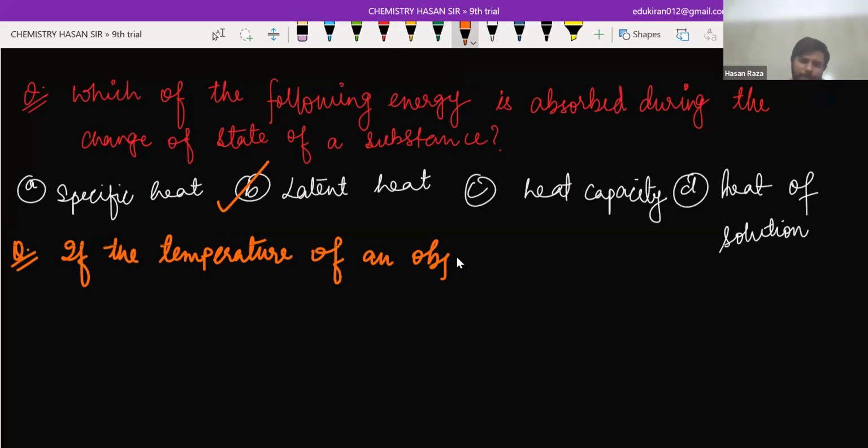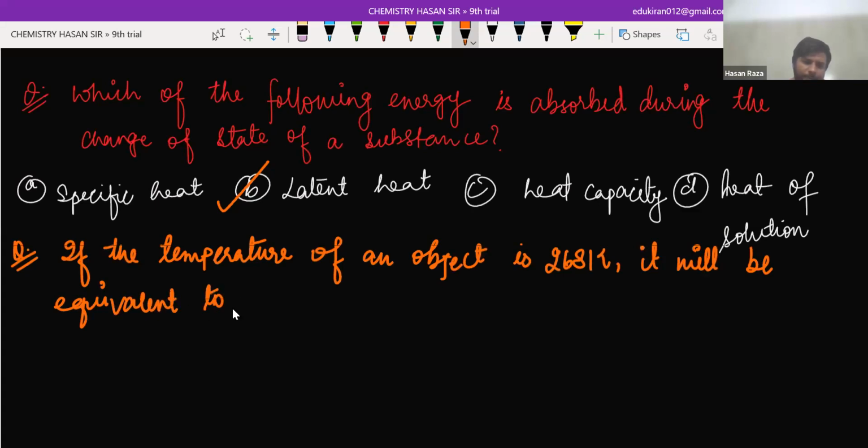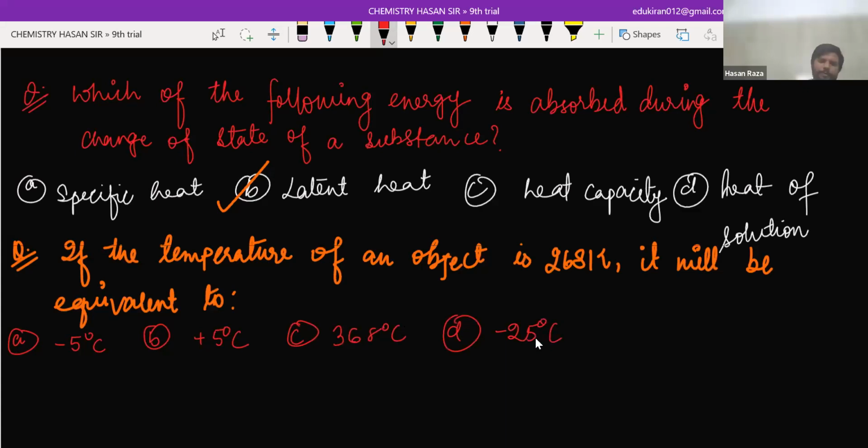If the temperature of an object is 268 Kelvin, it will be equivalent to: minus 5 degrees centigrade, plus 5 degrees centigrade, 368 degrees centigrade, minus 25 degrees centigrade.